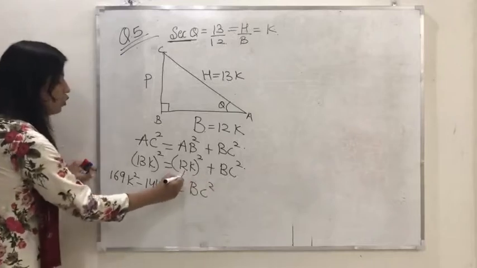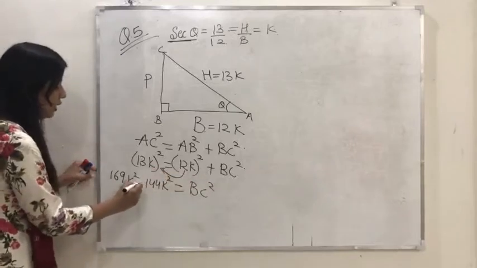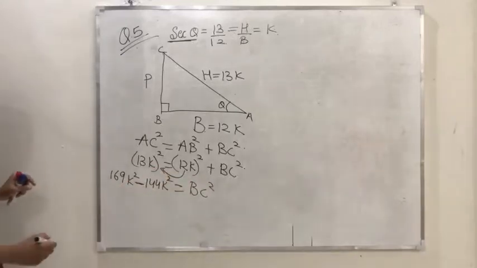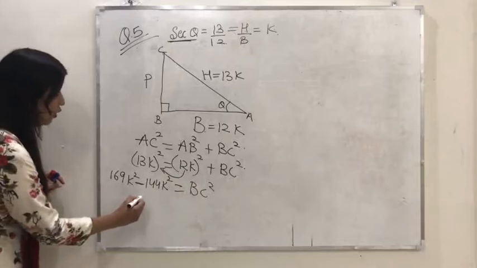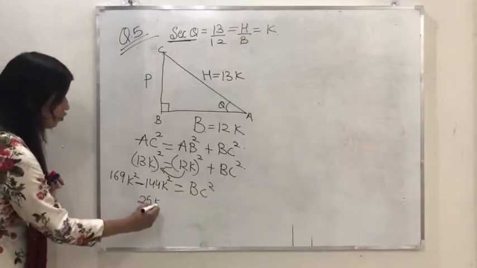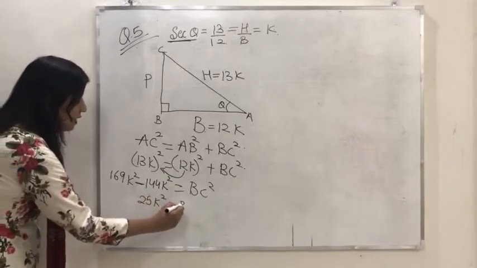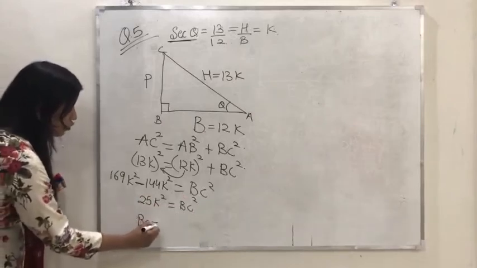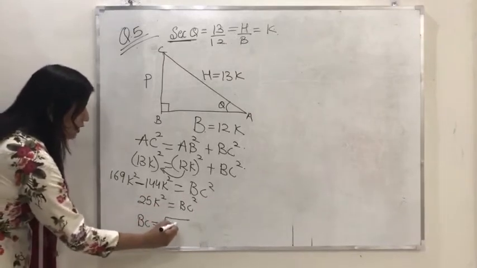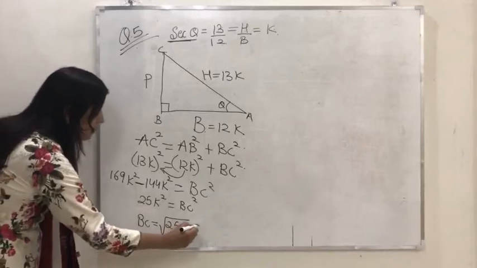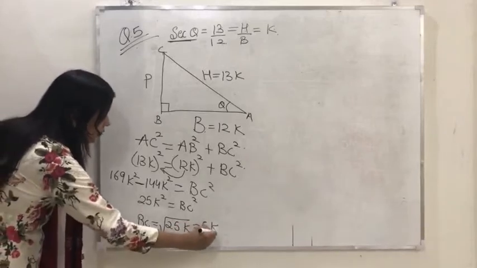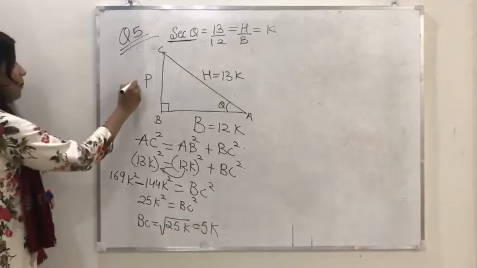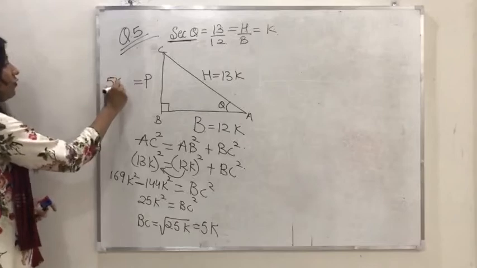When 12k square will go to the left side, here you will get minus. So 169 minus 144 is 25k square, which is your BC square. So your BC will be square root of 25k square, that is equal to 5k. So you will get your perpendicular equal to 5k.